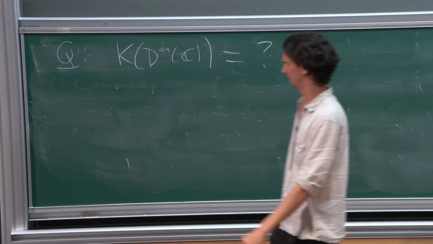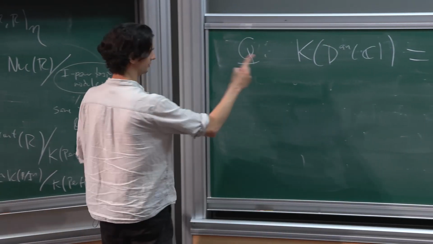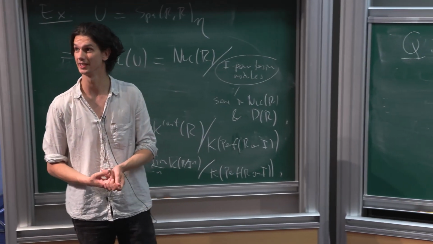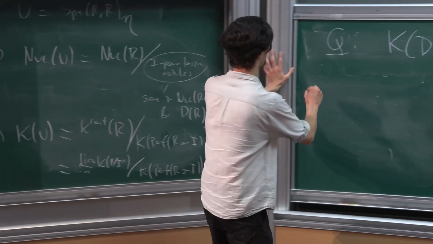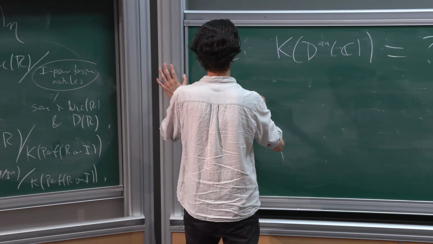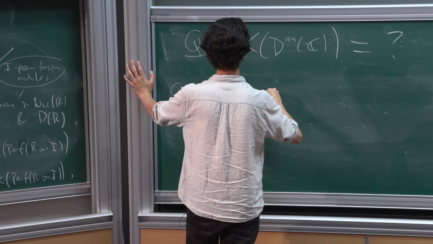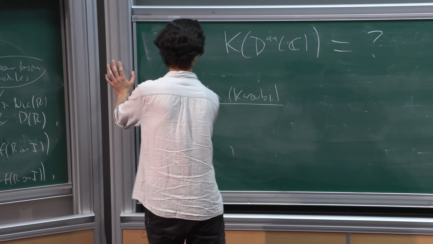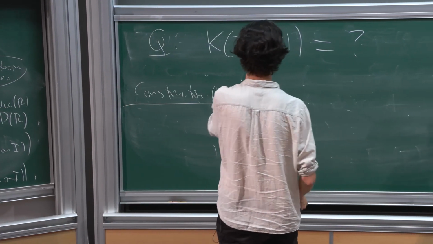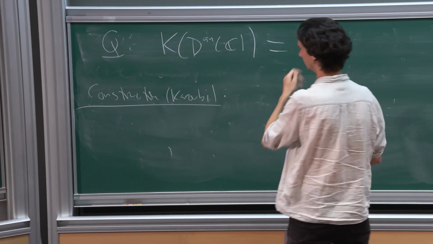So now let me produce an interesting class in this K theory. So, construction, which in different language goes back to Karoubi. Maybe he didn't quite remark it lives here, but okay.